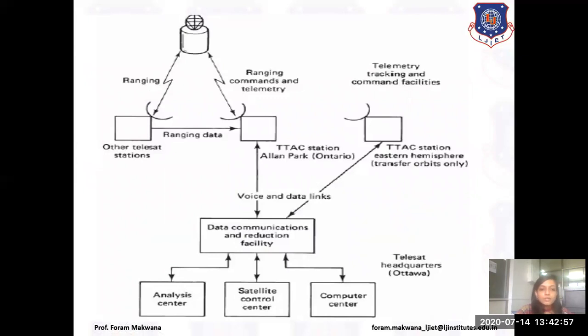This is the block diagram of the overall telemetry, tracking, and command subsystem. Over here, you can see that this is our satellite. These are our telesat stations.